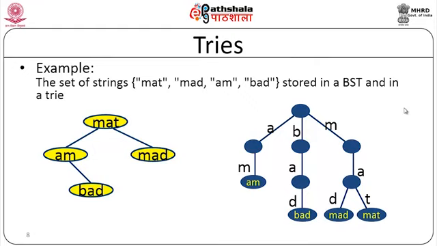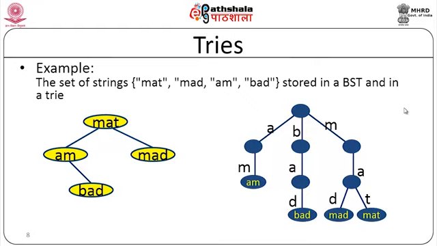Then next is A. When you come to A, the next letter needed there is M. Note how the edges are labeled; there is only one, because after A there can be only M. So there is only M, and you have AM.